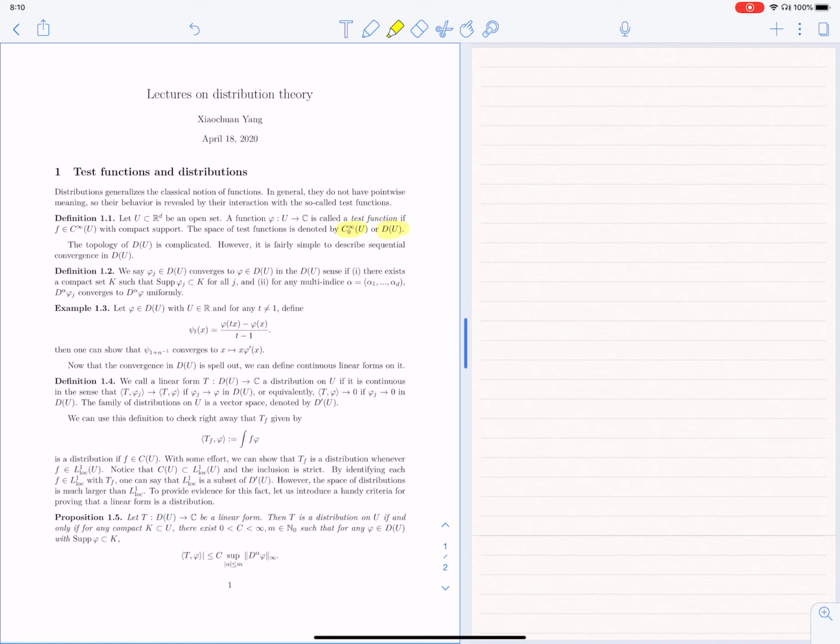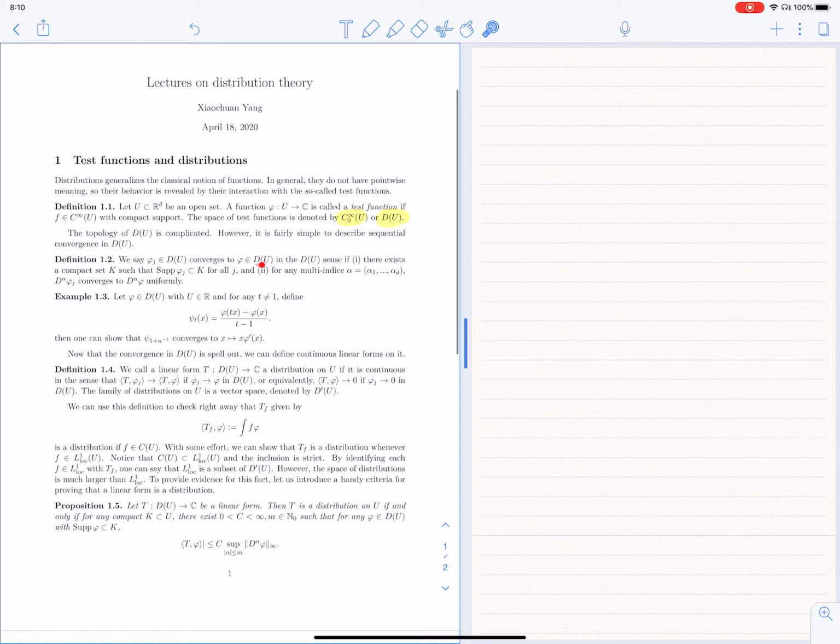However, it is not very hard to describe the sequential convergence in the space of test functions, and this is given by Definition 1.2. We say that a sequence phi_j in D(U) converges to phi in D(U), phi also a test function in the D(U) sense, if there are two things.